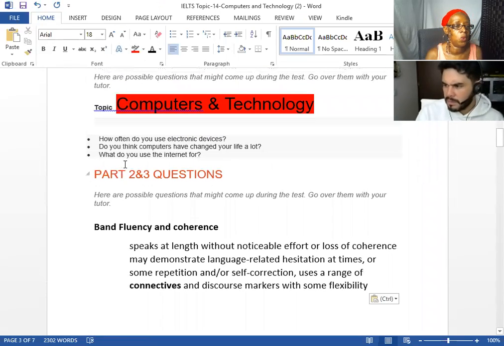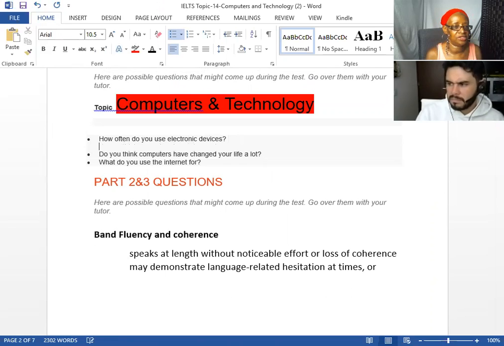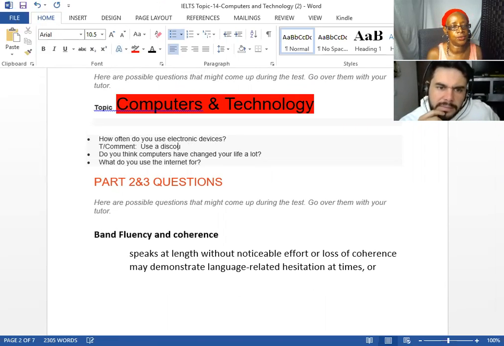So in part one, we're looking at how often do you use electronic devices? This is my comment. Let's put tutor comment. Use a discourse marker, not all of them at the same time.